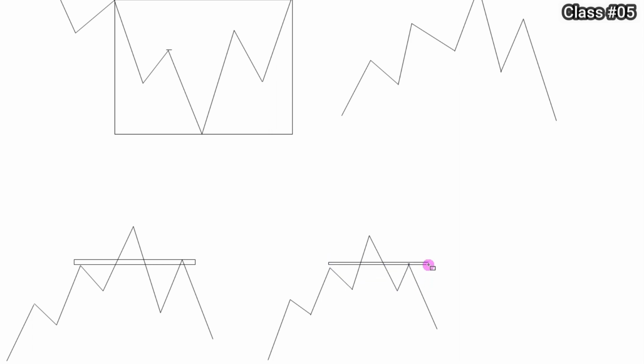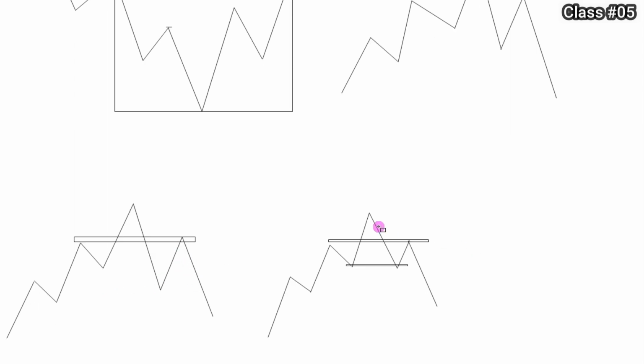Why? Because at this point the market is not breaking its last support, but in the cuosimodo pattern the market should first break its last support and then reverse from this head and shoulder zone. So this is the difference between the cuosimodo pattern and the head and shoulder pattern.